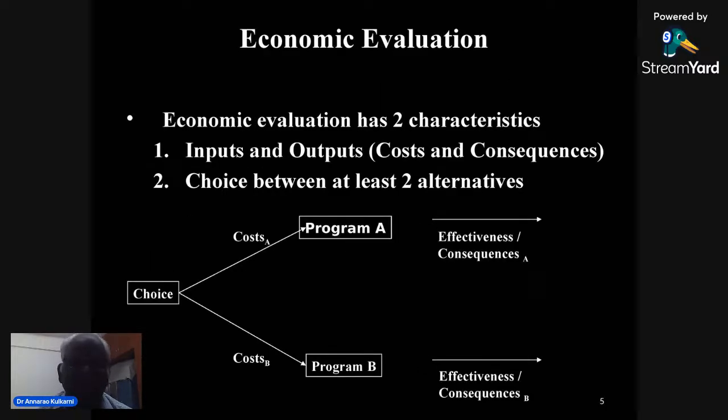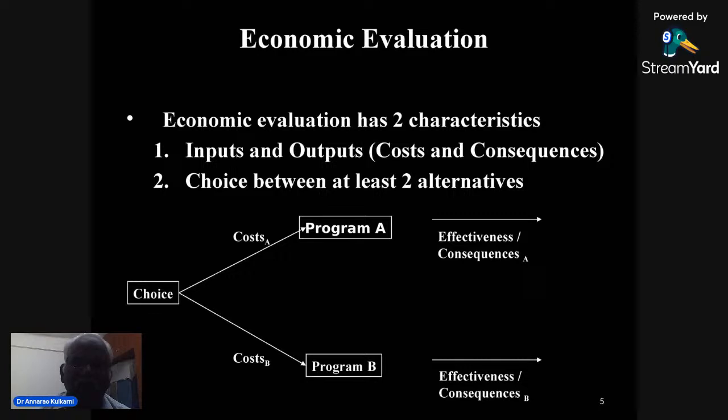Now, this is the basic structure of any economic evaluation. We have got two characteristics. One is input and output, also called as costs and consequences, and second is at least two alternatives have to be compared. So, for example, there is a program A and program B, both for the same health problem, but we do not have resources for both of them.